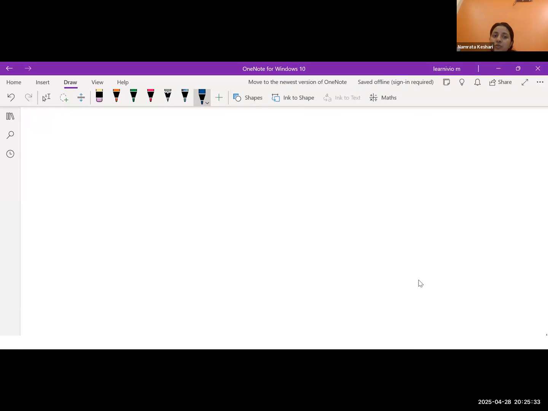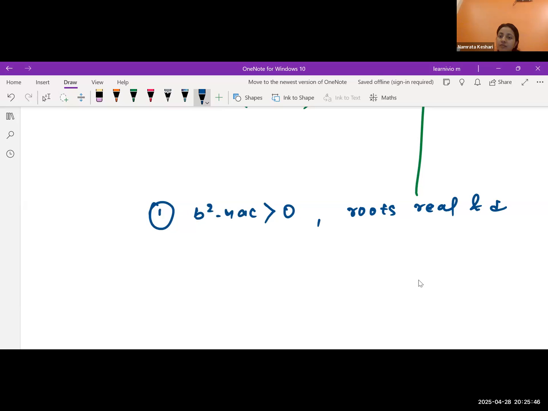From the nature of the roots. The first case is b square minus 4ac bigger than 0, then the roots are real and distinct. The second case is b square minus 4ac is equal to 0, then the roots are same. Yes or no? Yes, ma'am.